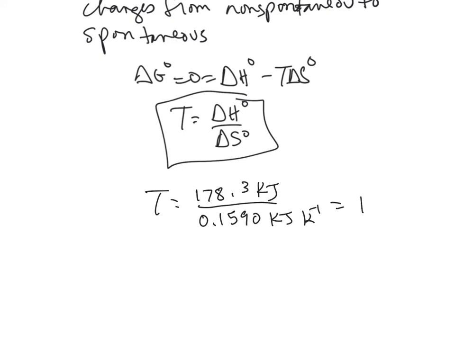And this is going to be 1121 Kelvin, and that corresponds to 848 degrees C. Big mess there. Going too fast. All right, so 1121 Kelvin is the transition temperature.